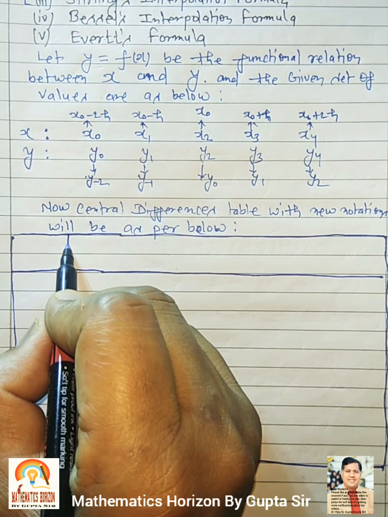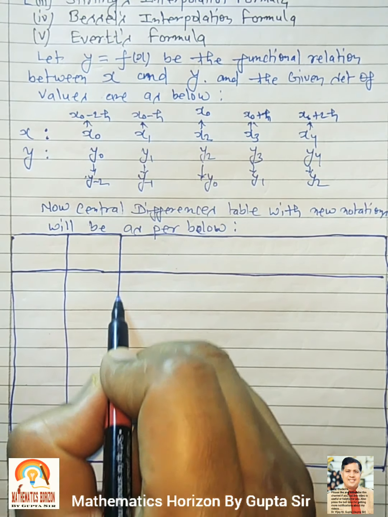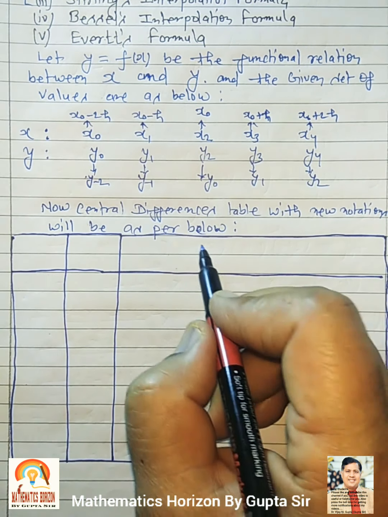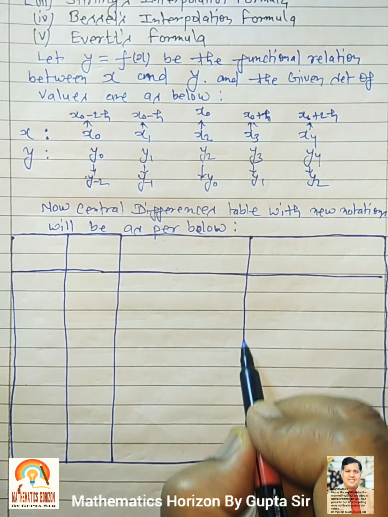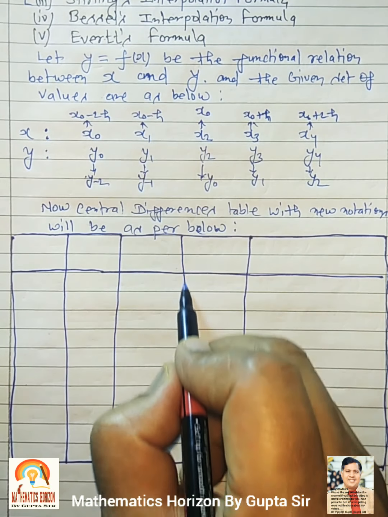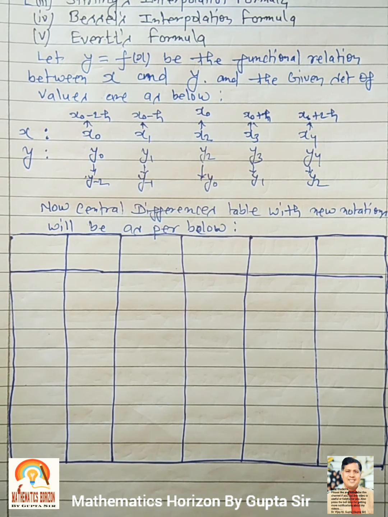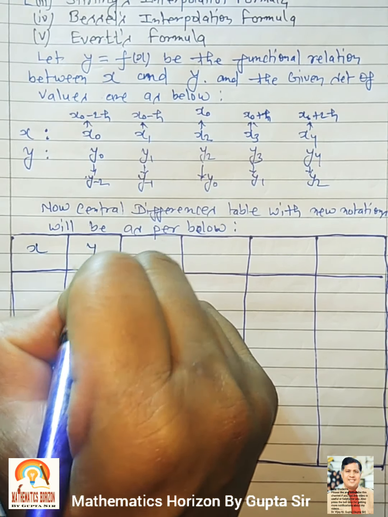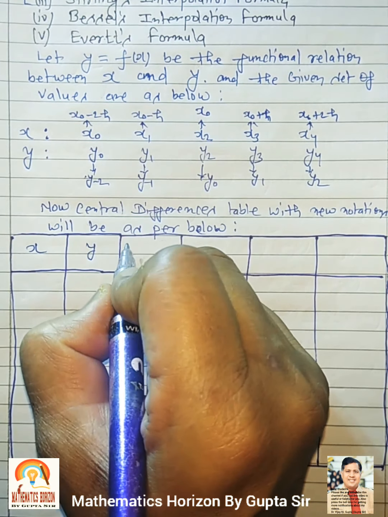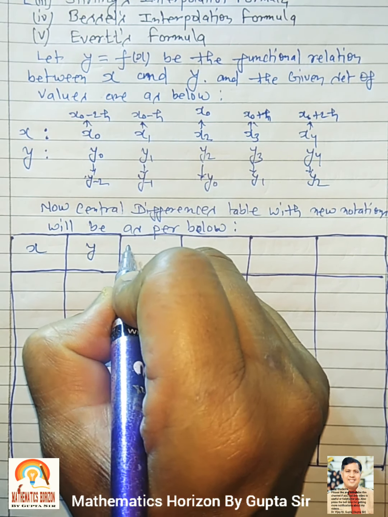Here we have x, and these are the corresponding values of y. These are the differences of first order, second order, third order, and fourth order.